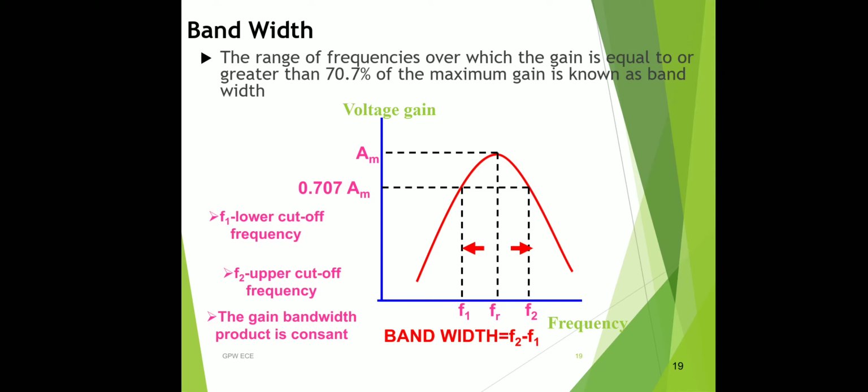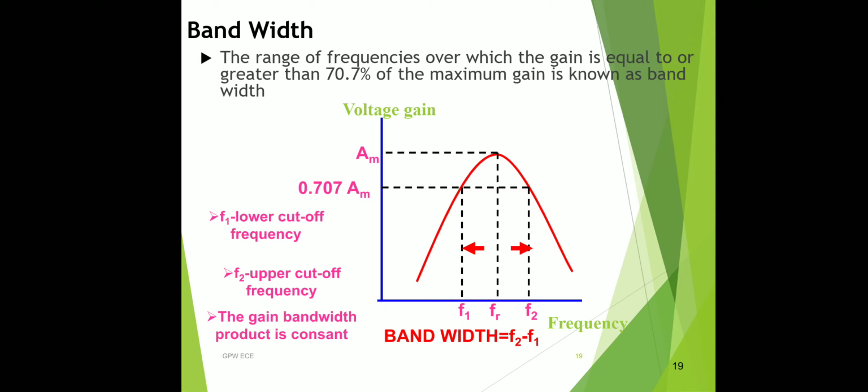That means the bandwidth is the range of frequencies in between these frequencies, where the gain is greater than or equal to 70.7% of the maximum gain.